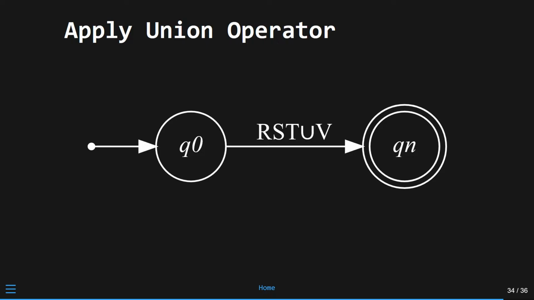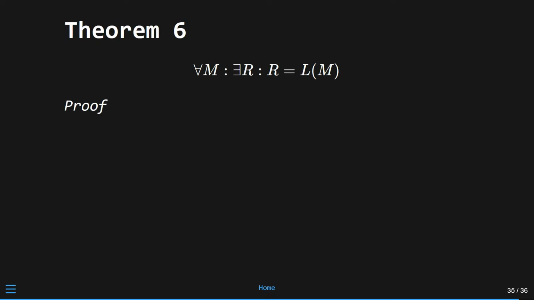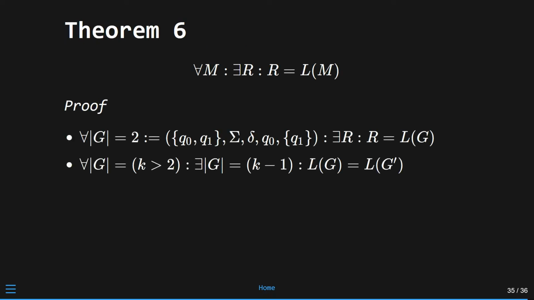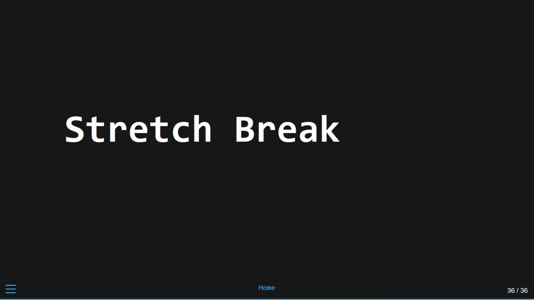Which means I can always take out any number of states until I get down to 2. And when I get down to 2, that is the regular language that the automaton accepts. So that's how we can take any given regular language or any given finite automaton and turn them into each other. And that's how I write this proof. By induction, I say.